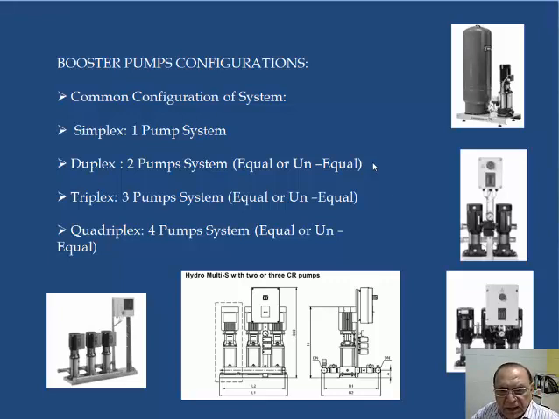So they have to establish the minimum demand, which is very frequently used in its working time. So you may go by an equal system, that is 50-50 of the flow rate, or you may go for 40-60 or 35-65.